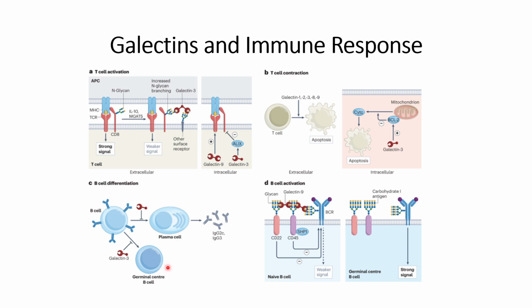This finding can give us an idea of how an autoimmune response gets triggered within a disease patient. In the normal case, B cells are able to produce their own galectin 3, which prevents these B cells from differentiating into germinal center B cells.